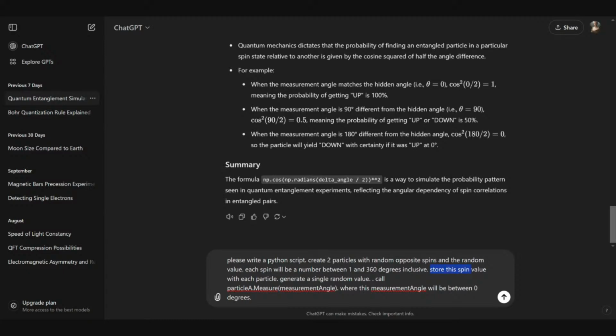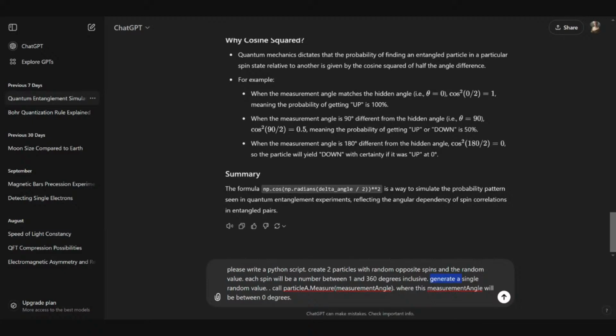Store this spin. I don't need to store the spin because I created them with the spin. Generate a single random value. Please write a Python script.